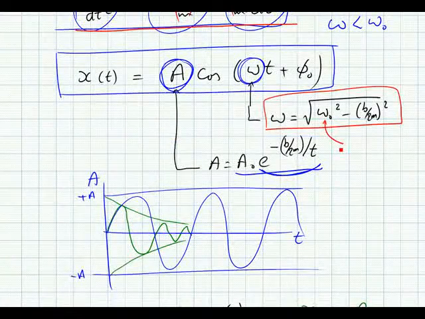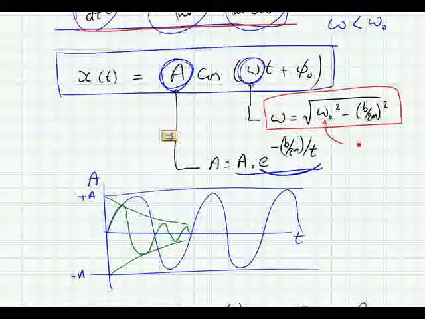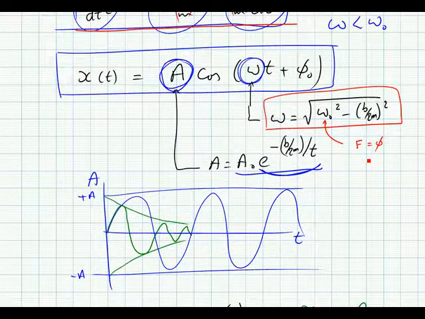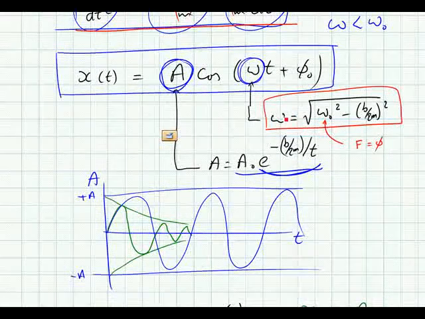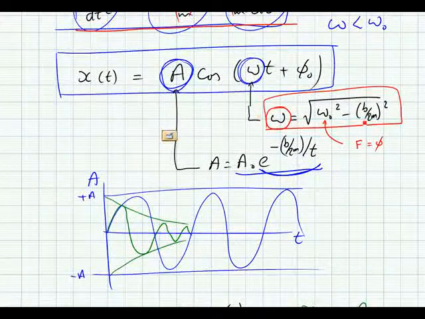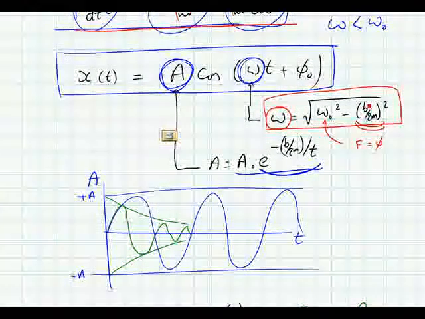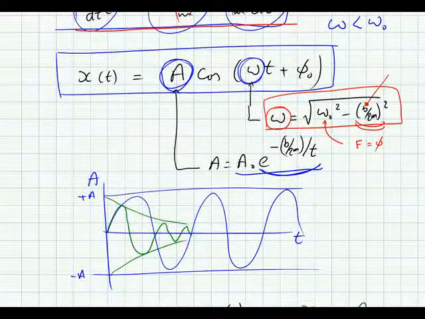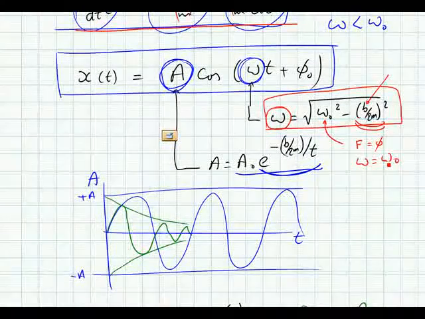So ω naught is the case where this resistive force F is 0, and if we have air resistance to the motion of the bob on the pendulum, then our new angular frequency is smaller by this amount, which depends of course on the damping constant b and the mass of the bob, etc. So when F equals 0, of course ω is equal to ω naught.